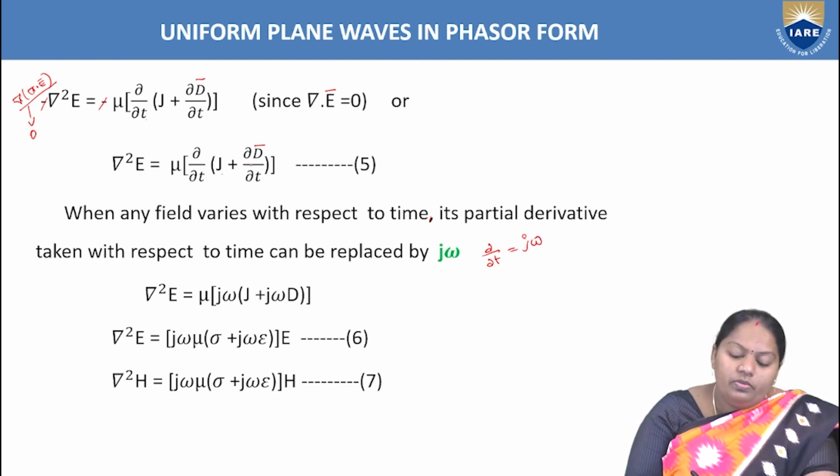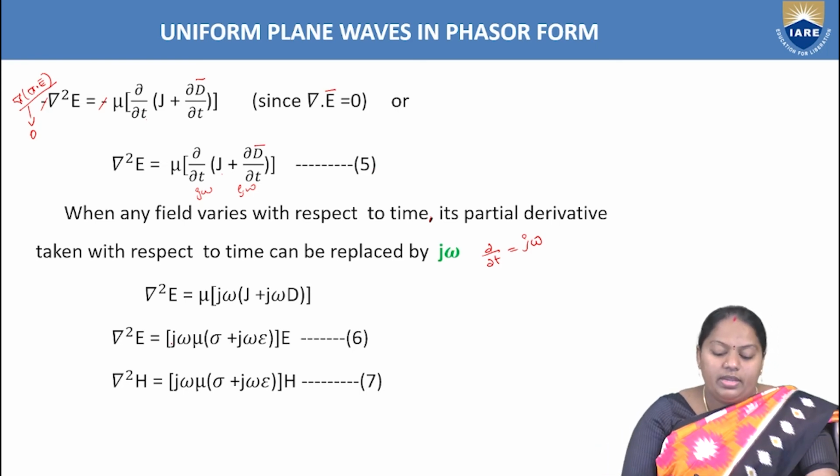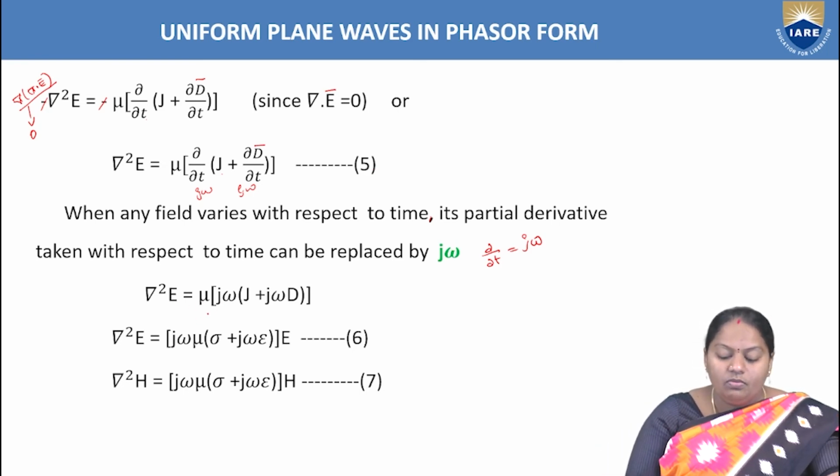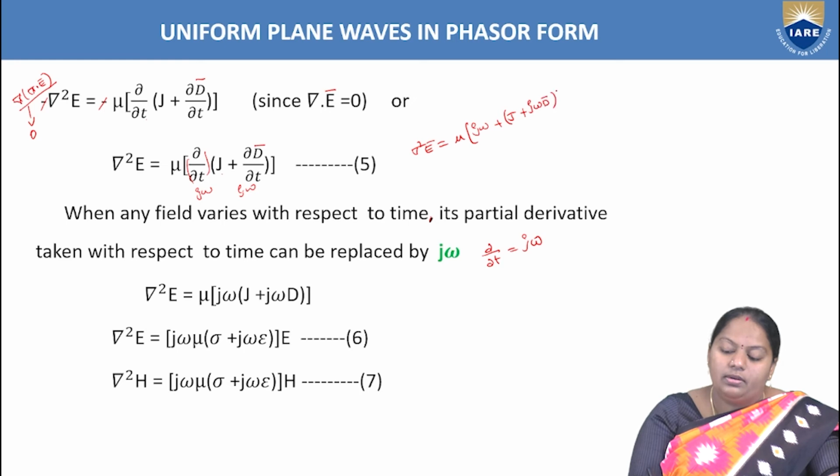Wherever dou by dou T exists, we just replace it by j omega. Then this equation number 5 becomes del square E equal to mu into dou by dou T, replaced by j omega, into J plus j omega D bar.